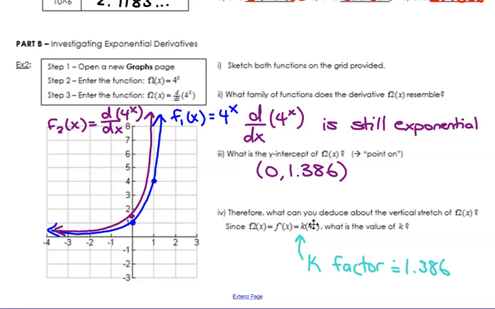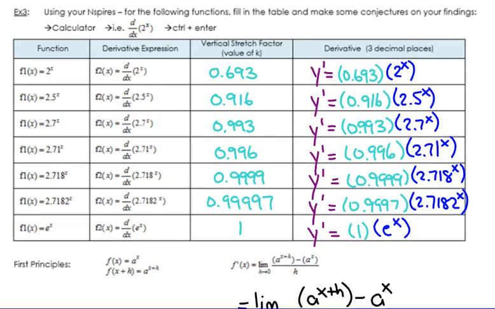And so what happens if it's not a 4? What happens if it gets closer and closer to Euler's number? Well, I decided to look at all of those as well on the NSPIRE calculators, and I graphed each one's derivative and compared them. So this guy's derivative, which is this function right here, had a stretch factor of 0.693.